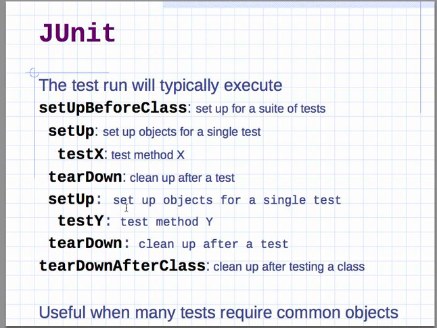In this case, we're assuming that there's just a test x for the x method and test y for the y method in the class. So x and y are methods, let's say, in the class that we're interested in testing. So we'll set up, test method x, tear down, set up again, test method y, tear down, and so on, and then finally tear down after the class. This kind of thing is useful when there are many tests that require common objects. You share the setup before class and the teardown after class.